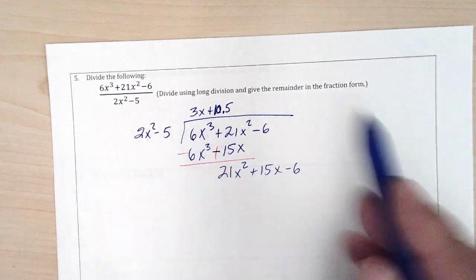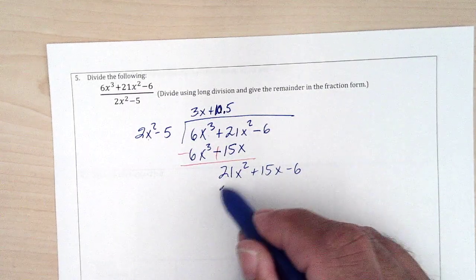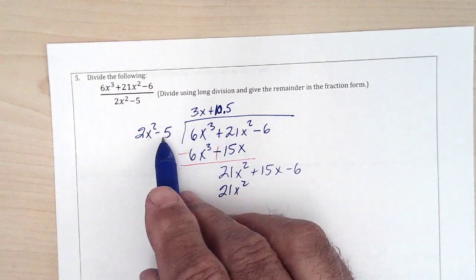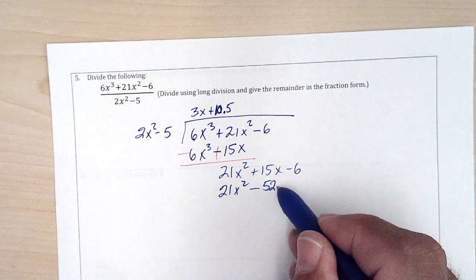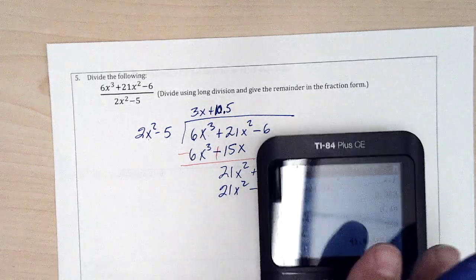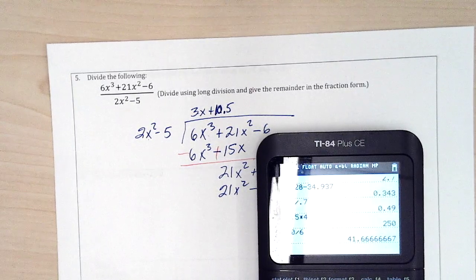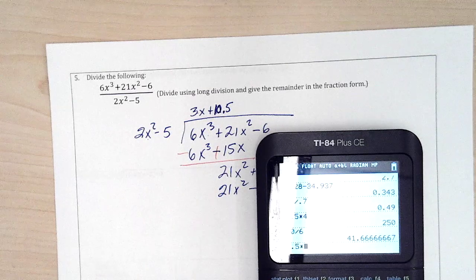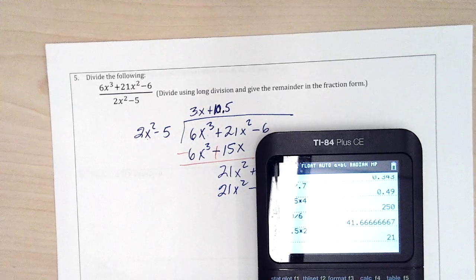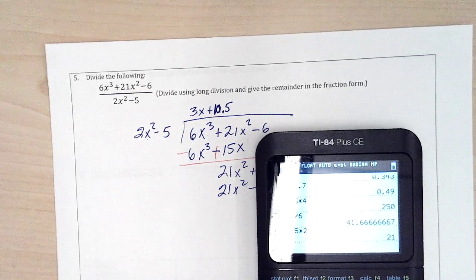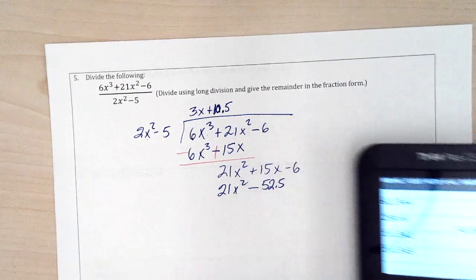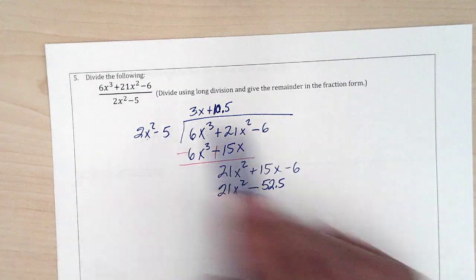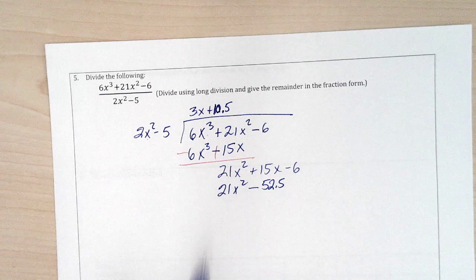And 10.5 times 5 is negative 52.5, I believe. Just check my arithmetic. 10.5 times 2 is 21, and 10.5 times 5 is 52.5. And that's negative, so it's negative 52.5.